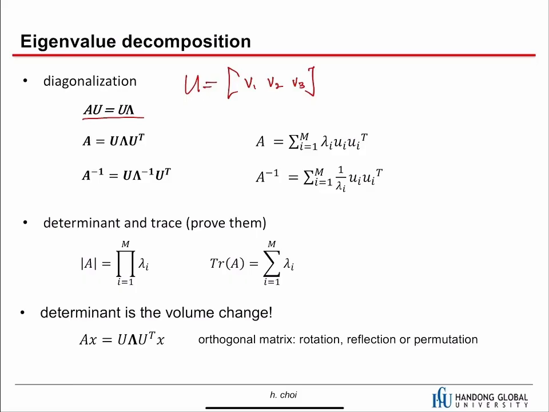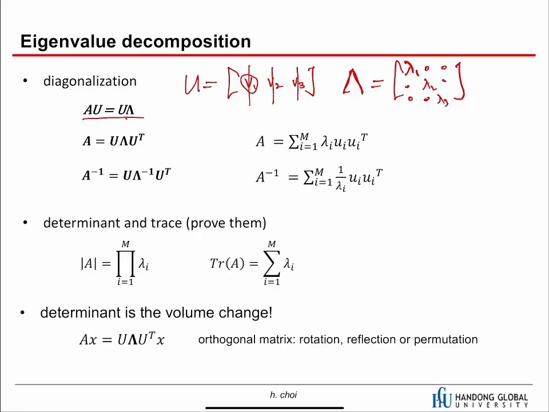Each V is a vector, so U is a matrix. Lambda is a matrix where all the diagonal elements are eigenvalues, lambda 1, lambda 2 and lambda 3, and the off-diagonal elements are zeros.